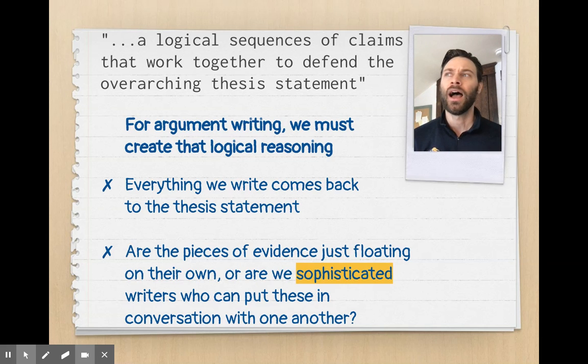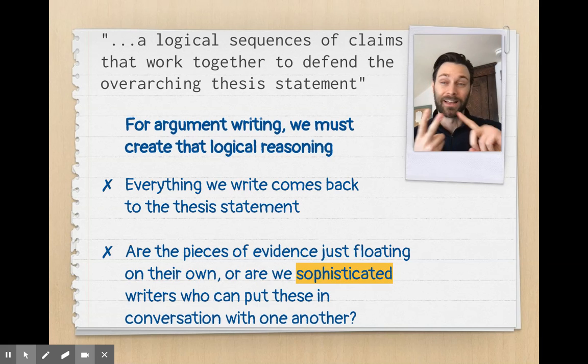We want to think about how each one is lending its voice to this greater truth, that there is value in exploring the unknown. Once again, how every single piece of evidence, whether it's a personal anecdote, whether it's Galileo Galilei, whether it's Pico Iyer's TED Talk, all of these are just lending their voice to a greater truth. How can we put those in conversation with one another a little bit?